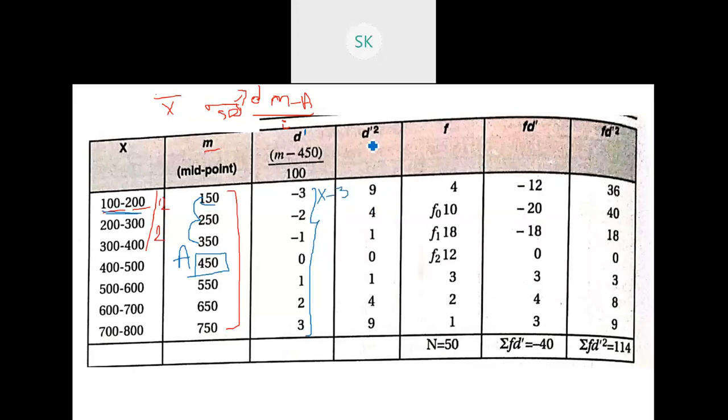Likewise, if you calculate the squares of all these numbers, you get d dash square. So this is the first calculation of x. We take the class intervals, we find the midpoint, we find the deviations using the assumed mean with the formula (m minus a) divided by i. Then we square these deviations, which is known as d dash square.